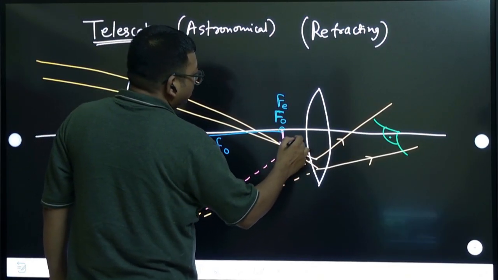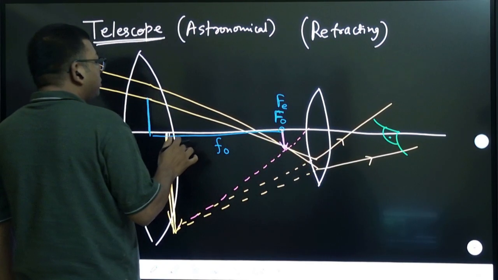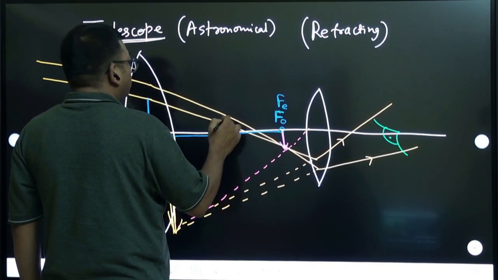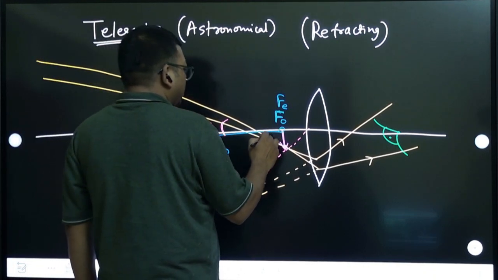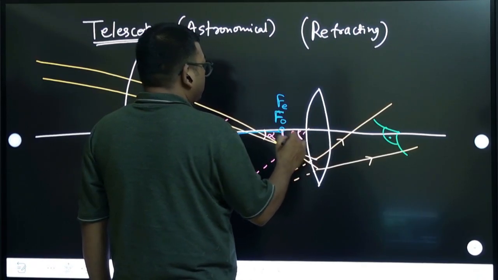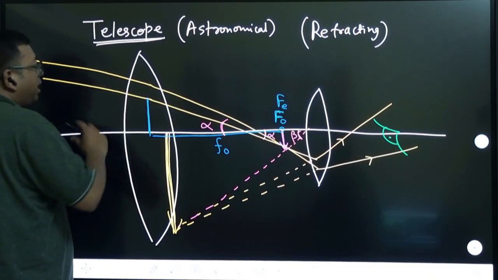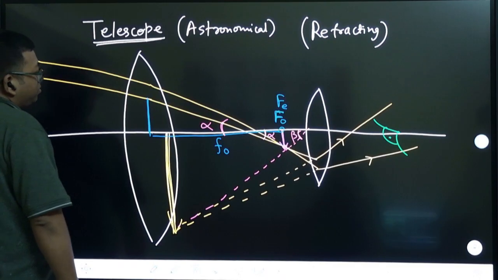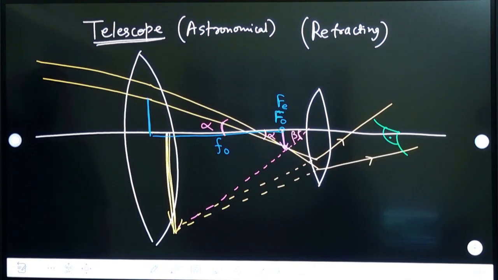So note that when you extend them, this and this are the same thing. Here what you need to note is this angle alpha, which is going to be the same as this angle alpha, and this angle is beta. So what is angle alpha? Alpha is the angle, I think, did I draw the diagram correctly? Because the ray of light I am taking this way.